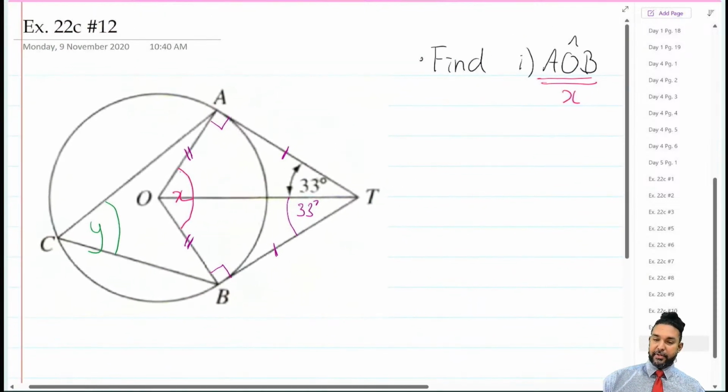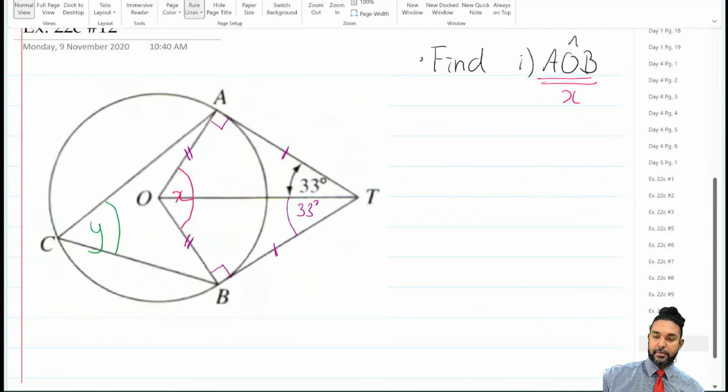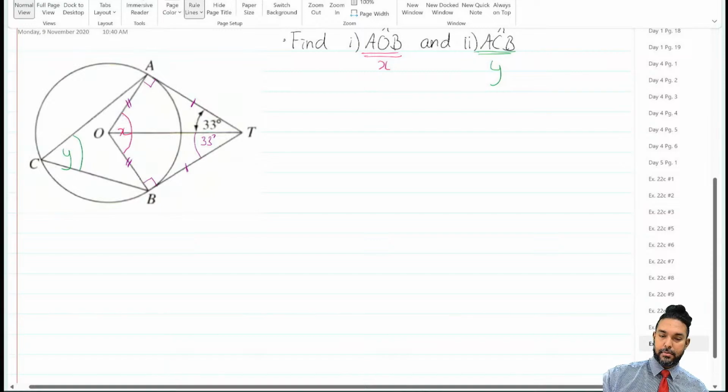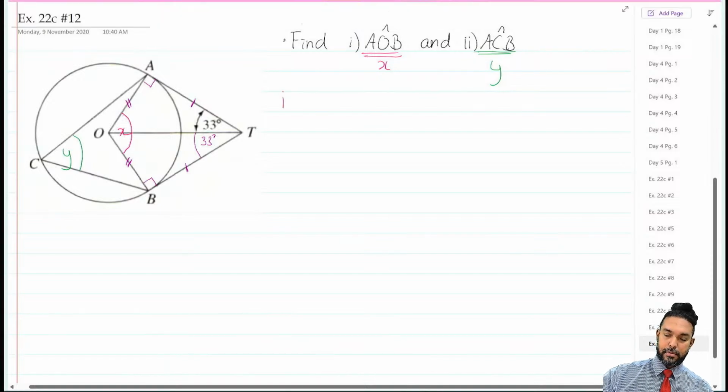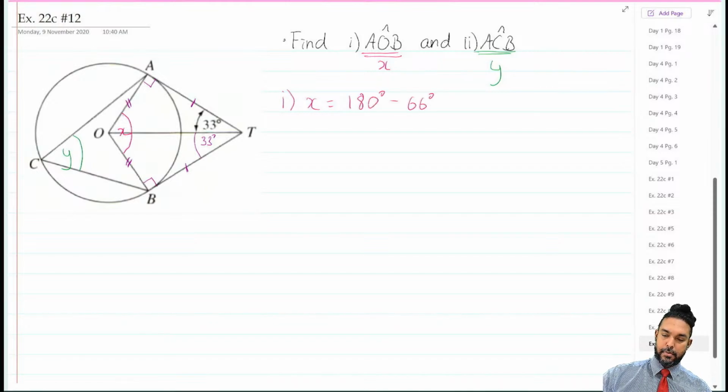Right, so we have 66. So x is equal to 180 minus 66, right? And that's 114 degrees. Right, and we know that AOB and ATB are supplementary.